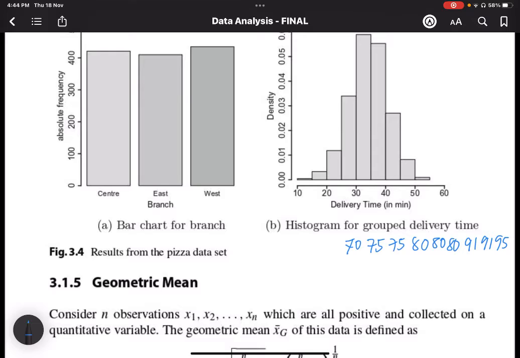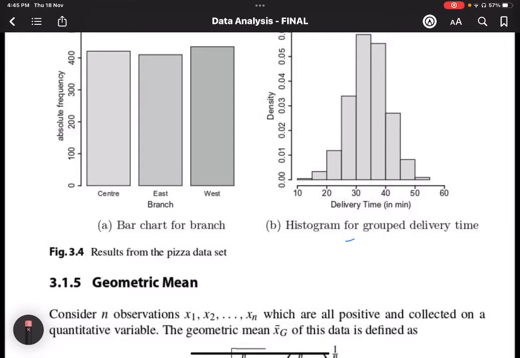So 2, 4, 6, 8, 9 grades, 9 data. Out of this, the one that appears most often is 80. So your mode is 80. So you don't need to compute for the average or the median. You just need to find out which information has more observations or occurrences. That is the definition of mode.